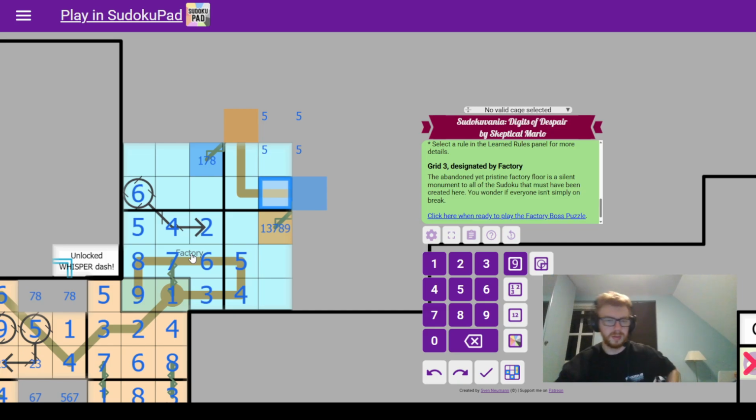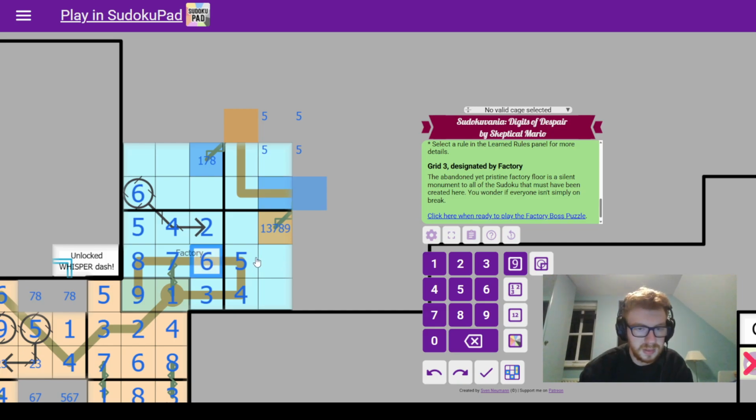Whoa, okay. 6. So that couldn't be a 6. Well, it never could, because this is the same polarity and it doesn't increase this way, it decreases this way.